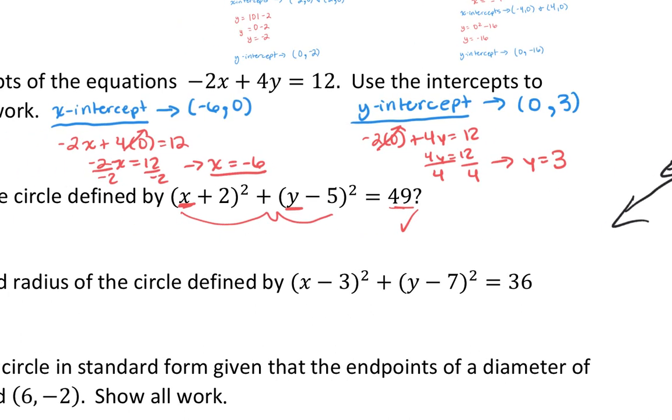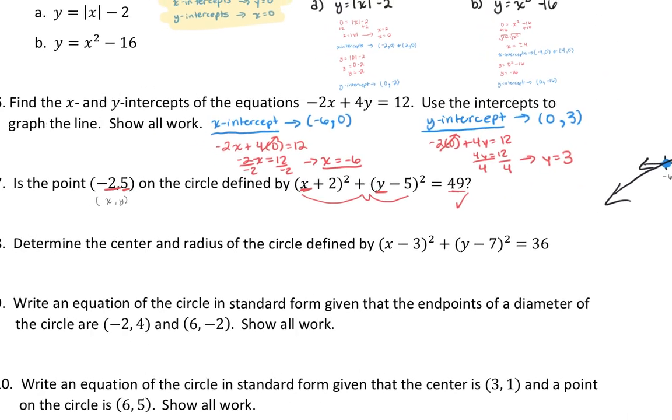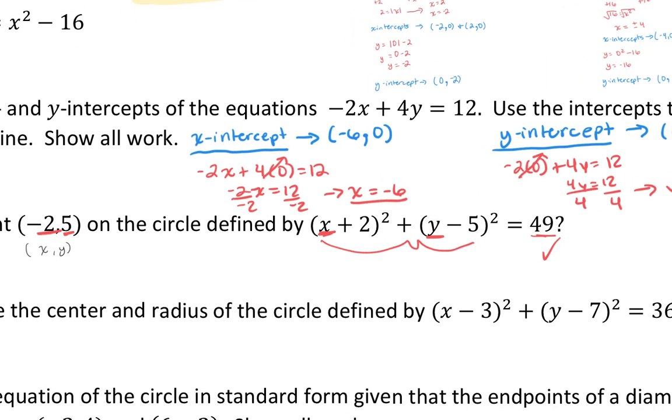So with our point here, I'm going to go ahead and plug in this negative 2, 5 into our equation of the circle. So for our x it would be that, and then our y would be this 5, minus 5 squared.